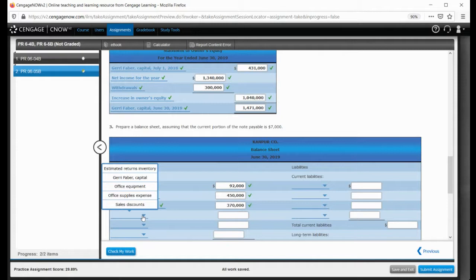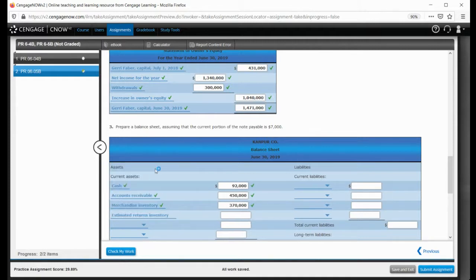The next account that we would need to record is the estimated returns inventory account. Now, this is a new account for you. That is the account that we use when we are expecting that a customer is going to return inventory to us.